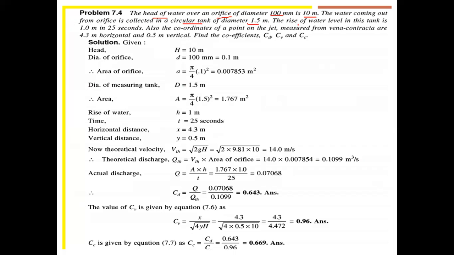The rise of water level in this tank is 1 meter in time t equal to 25 seconds. Also, the coordinates of a point on the jet measured from the vena contracta are x equal to 4.3 meters horizontal, 0.5 meters vertical. Then find the coefficients CD, CV and CC. Simple, straightforward question. So with this problem, let us wind up.